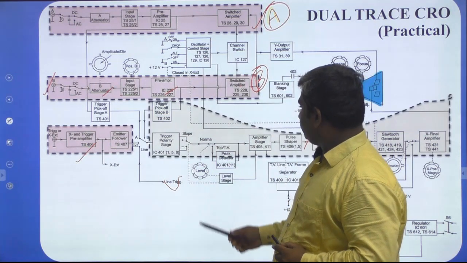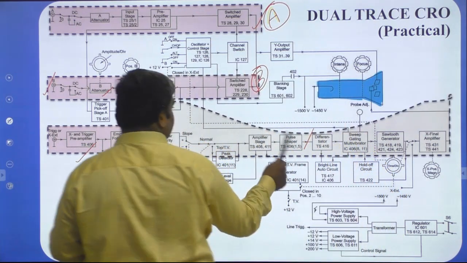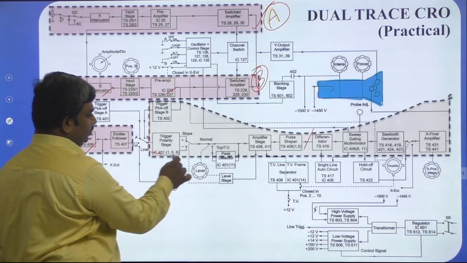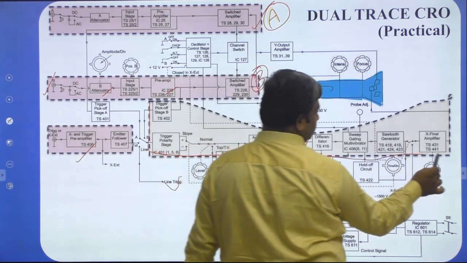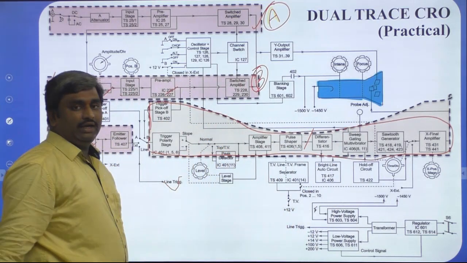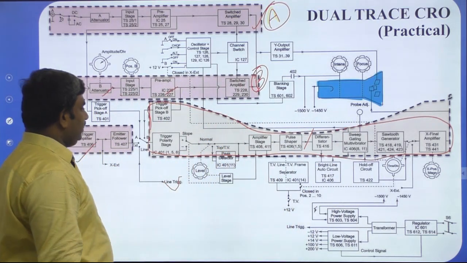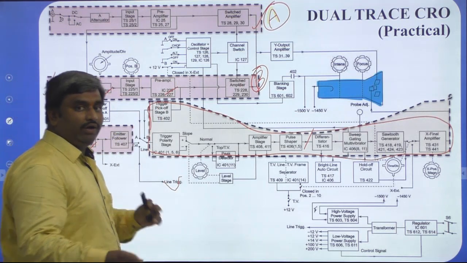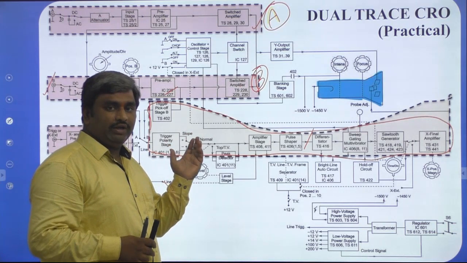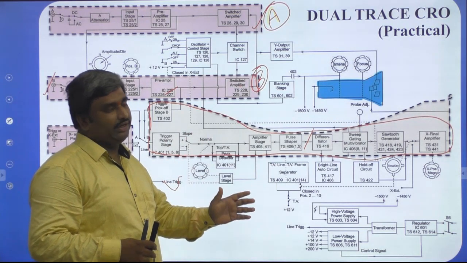And here, this is the X channel amplifier. This portion is the X channel amplifier. It takes the information from channel A and channel B after the vertical amplifier.